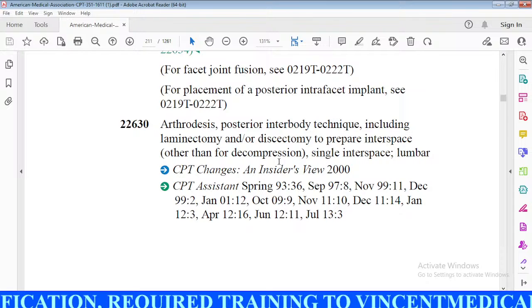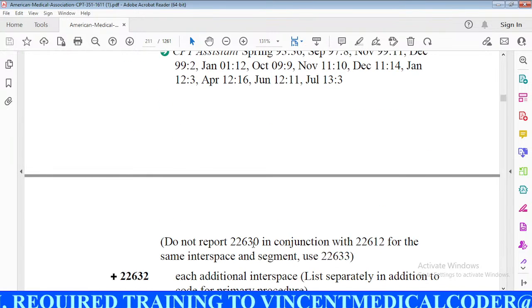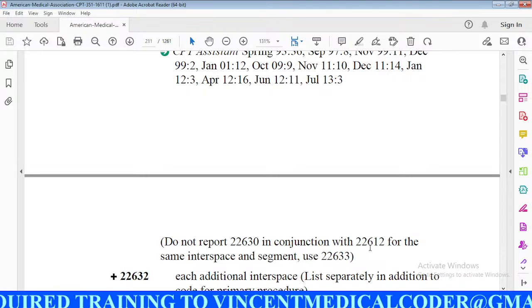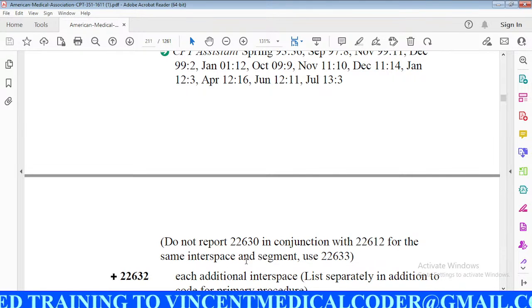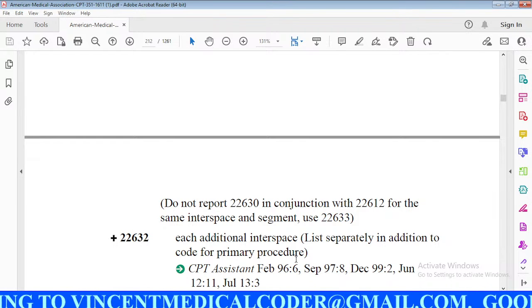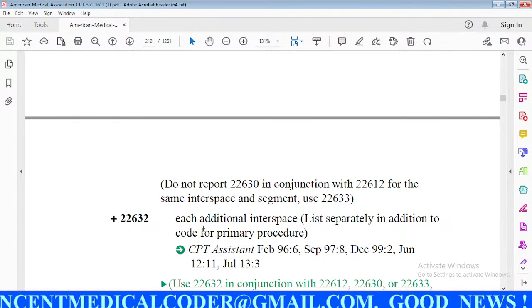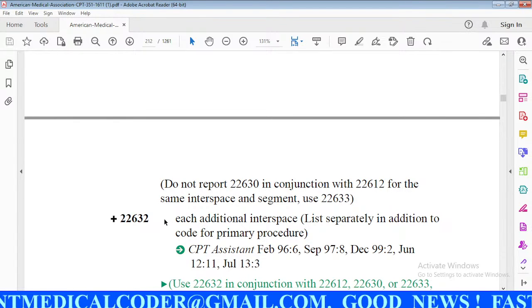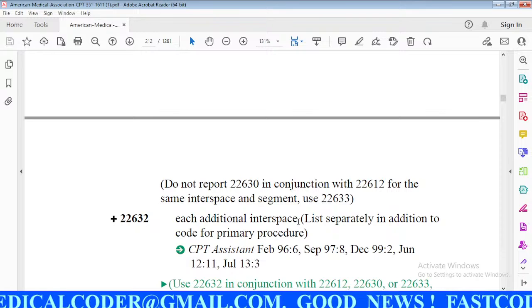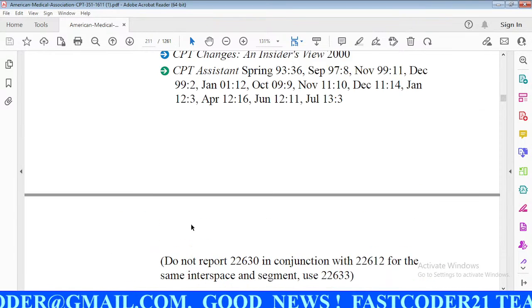22630 is for a single interspace. If you see here, do not report 22630 in conjunction with 22612 for the same interspace and segment. Based on our question, we have three levels. For each additional level we need to code the 22632 add-on code. We have a total of three interspaces.